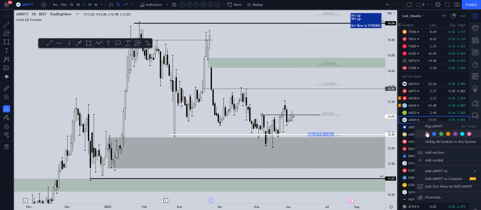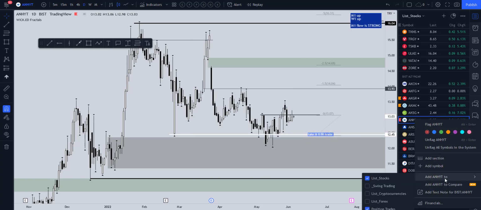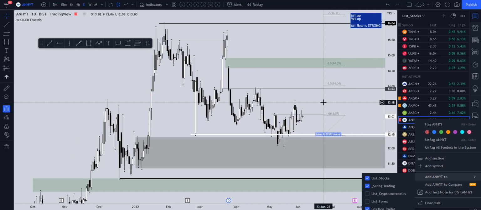What I do when I'm going to open that is put this on the swing trading chart. I was doing it on the day trading chart before, because I already keep my day trading or swing trading watch list open when I check the chart.